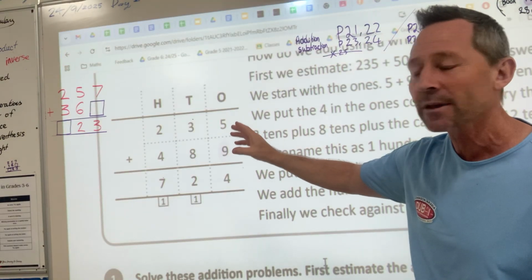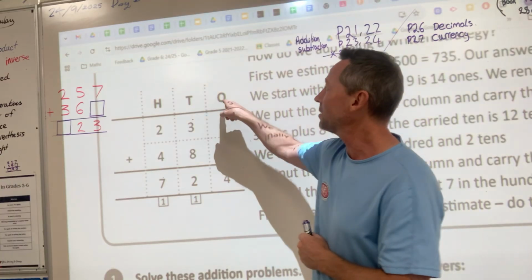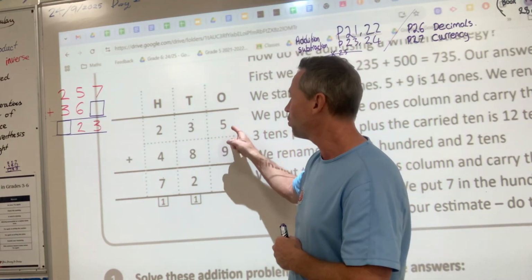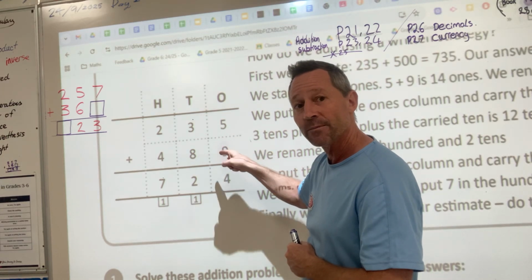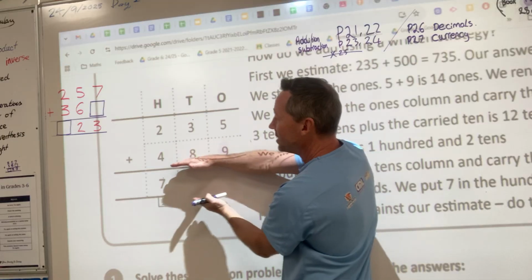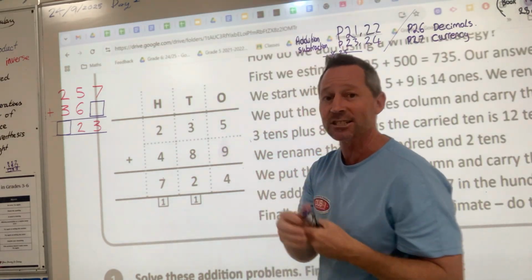Make it nice and neat. You don't need to put the ones, tens and hundreds, but as long as they're lined up, 1 digit per square. Line them up neatly. Where your answer is, put a pencil mark there so it's clearly seen that's your answer.